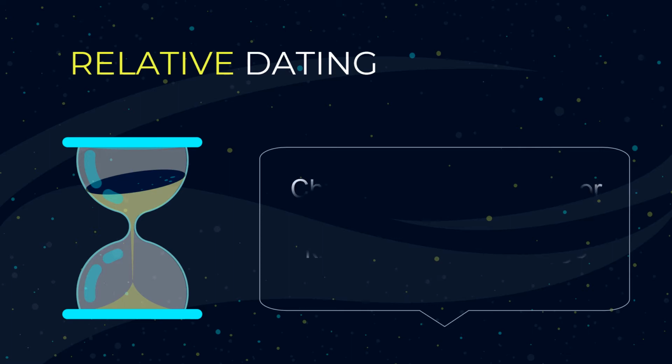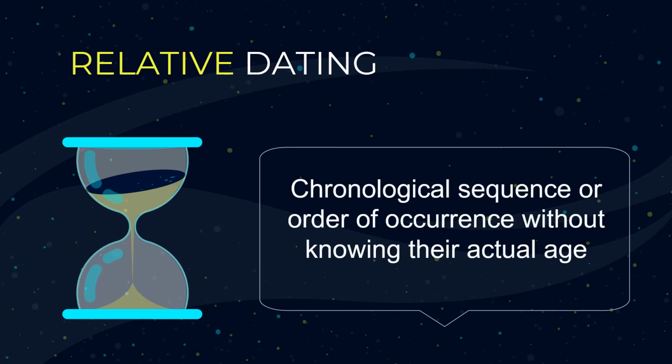So first off, relative dating. This is wherein the chronological sequence or order of occurrence of events are known without knowing their actual age. So it simply means that event B occurred before event C but after event A. So basically, relative dating does not really give the actual age of a certain event, but it gives you the chronological order, if it happened first, second, or in what sequence did it occur.